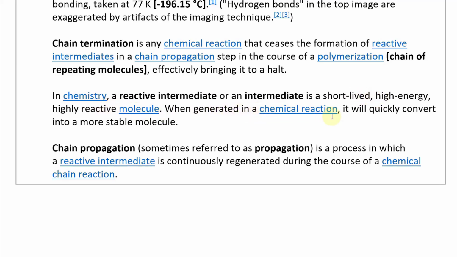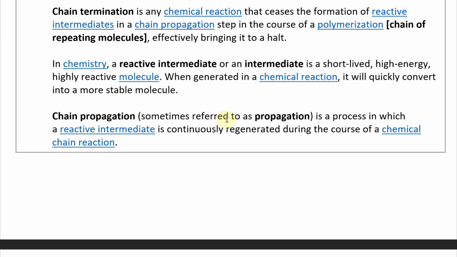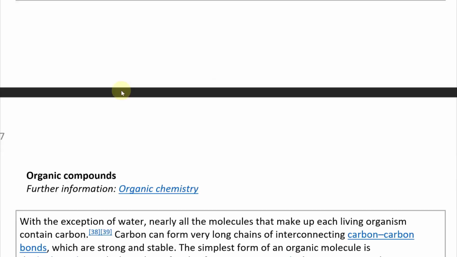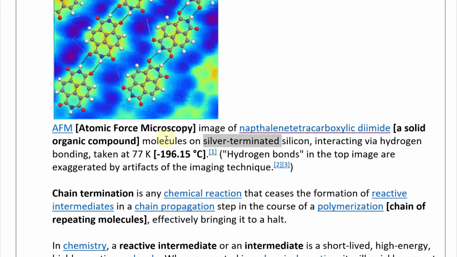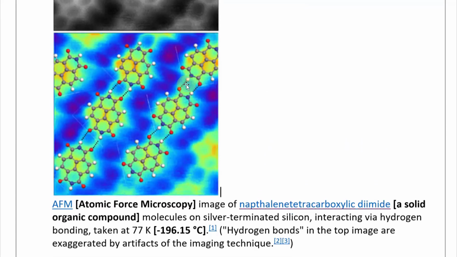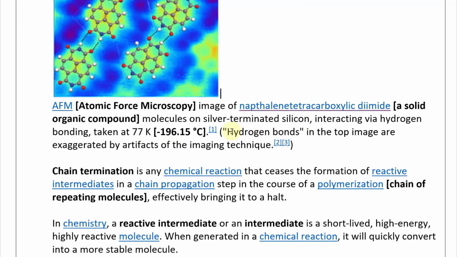When generated in a chemical reaction, it will quickly convert into a more stable molecule, so it's basically an in-between step. And chain propagation is a process in which a reactive intermediate is continuously regenerated during the course of a chemical reaction, and this is all involved in this atomic force microscopy, just to be able to show this image. A lot of chemical reactions in the middle of it as well.